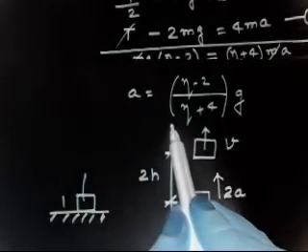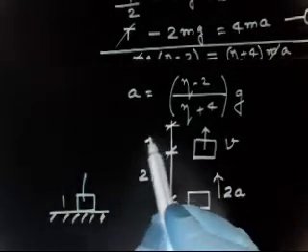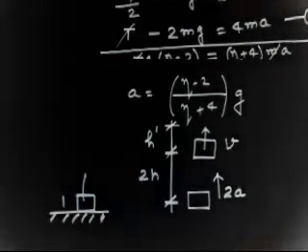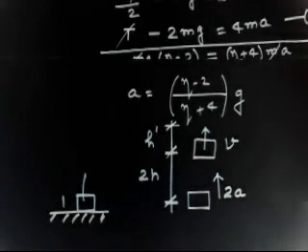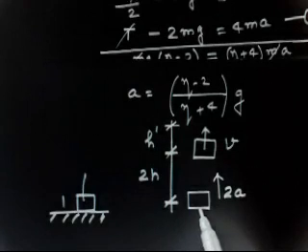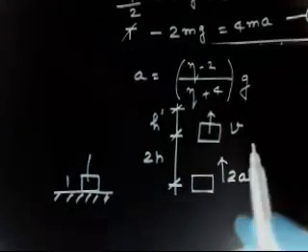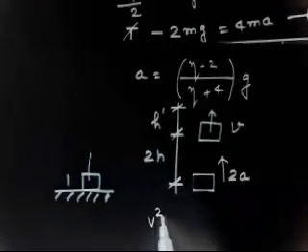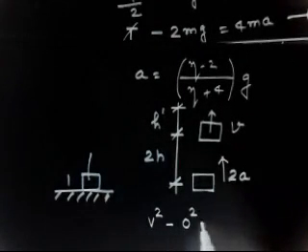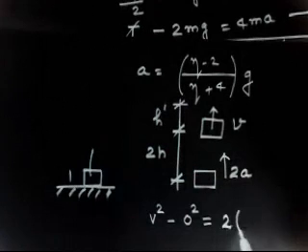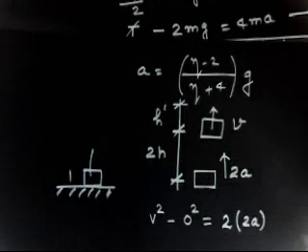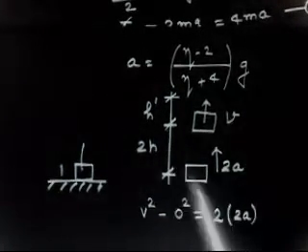So this object will get some extra height, let us say h dash. So we have to find h dash. Initially it starts with 0 velocity, so let us find v. Final velocity: v square minus u square is equal to 2 times a, where the acceleration is 2a, and the distance traveled up to this point is 2h.